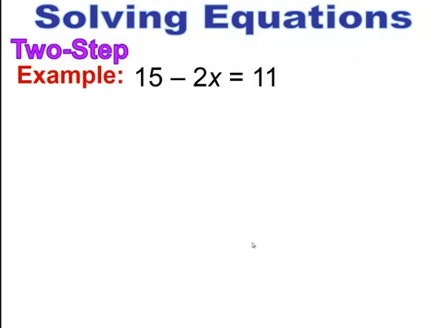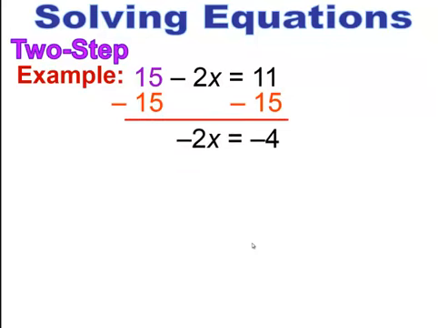So I'm going to remove the 15, and to remove it, because it's positive, I have to subtract it from both sides. You're subtracting it, so you're going to be left with, and that minus now becomes a negative. So that minus comes down with that 2, and you have a -2x equals, and then you have 11 minus 15. Different signs mean you're subtracting, and you're keeping the sign of the higher number. So you end up with a -4.